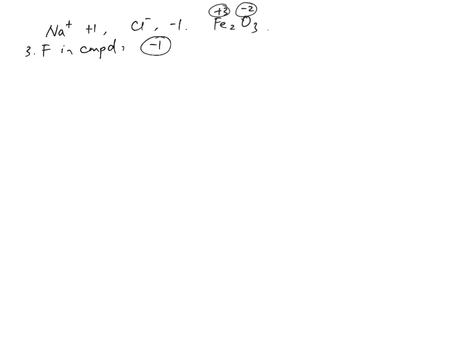Okay, number 4, oxygen in compounds. In the vast majority of compounds, oxygen would have the oxidation number of -2, with one exception. Except in peroxides. What is a peroxide?